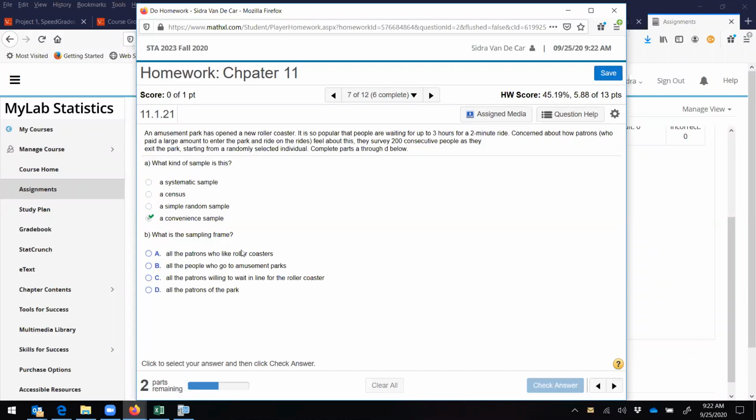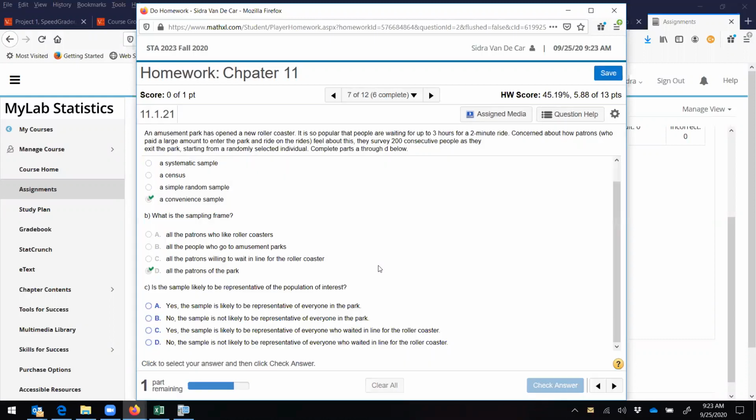What is the sampling frame? The patrons of the park are the ones who had the possibility of being asked as they left. Is it likely to be representative of the population of interest? We're concerned about the patrons of the park. So it's not likely to be representative of everyone who waited in line for the roller coaster, though.